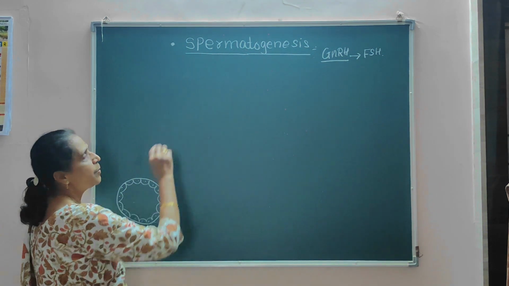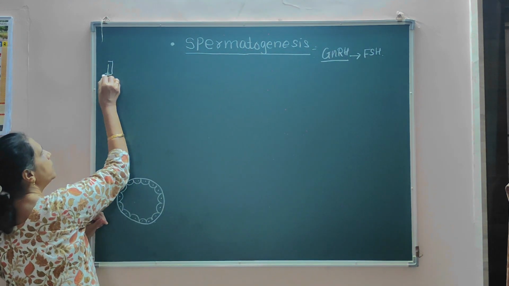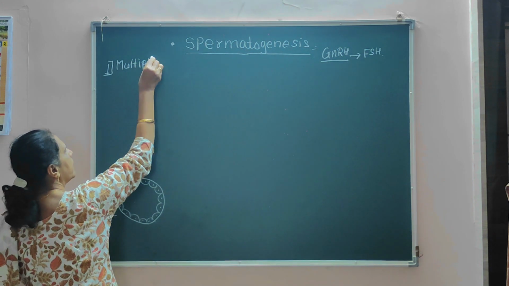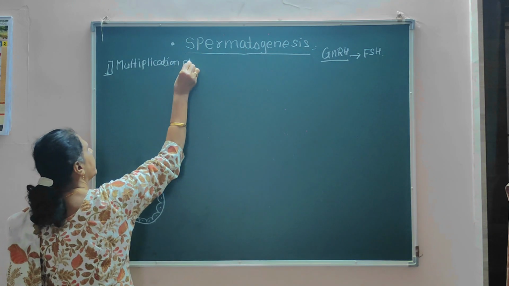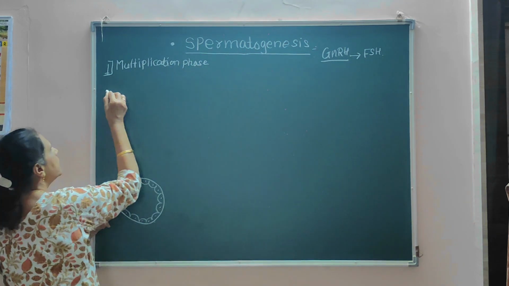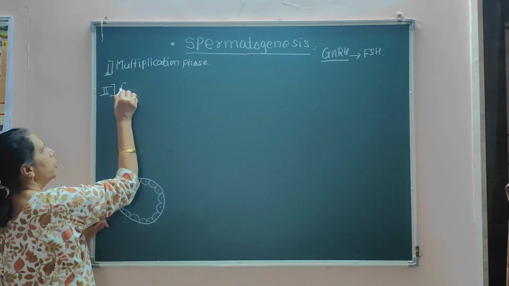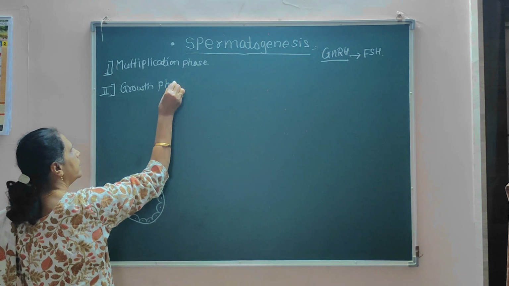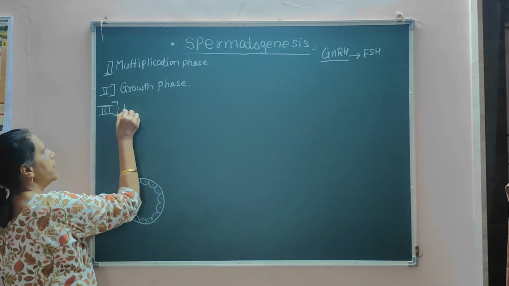This spermatogenesis involves three phases. First phase is called multiplication phase. Second phase is growth phase, and third phase is maturation phase.